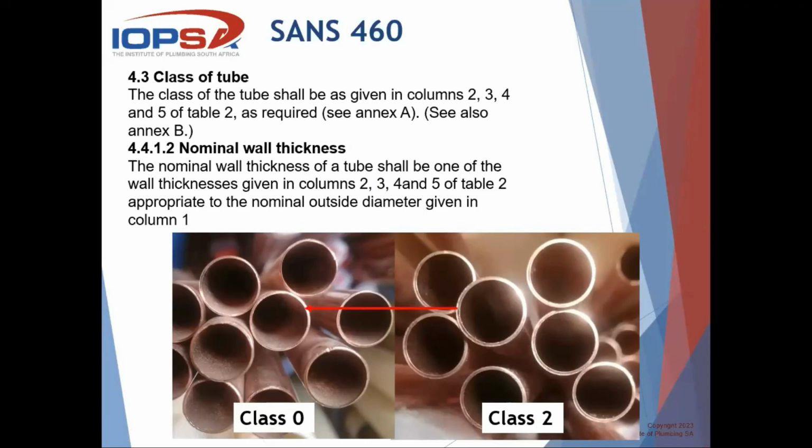Also important there is the nominal wall thickness of a tube, which shall be one of the thicknesses given in those columns. So just to refer to our little photographs at the bottom here, you can see there's quite a difference between class 0, the wall thickness there, and class 2. And that's the main difference between these pipes, which will also point you to the specific use of that pipe.